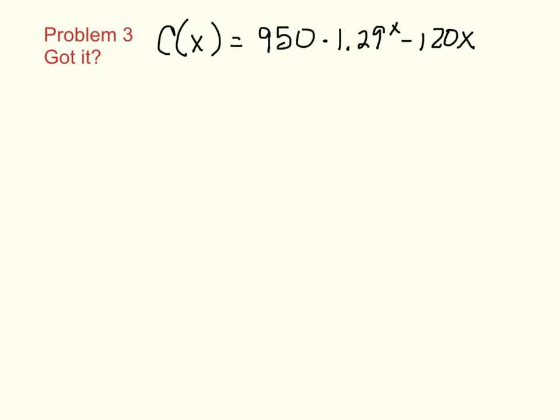On page 340, we have our last section, which is using functions in real life. So problem 3 under the Got It says this for biology. Scientists conducted a study of the sparrow populations in 2 cities. The results of the study projected that the population in city C in x years will be modeled by C of x equals 950 times 1.29 to the x power minus 120x.